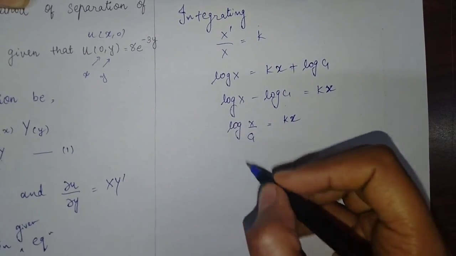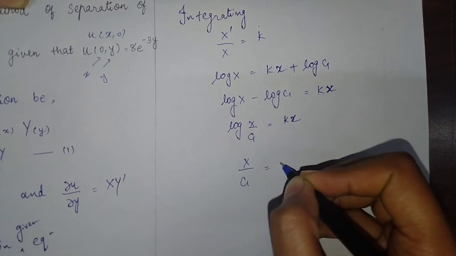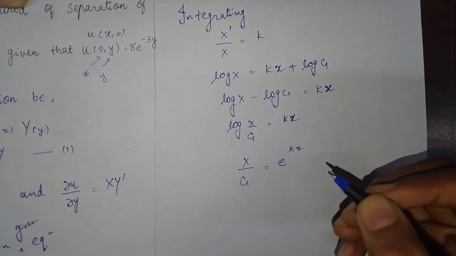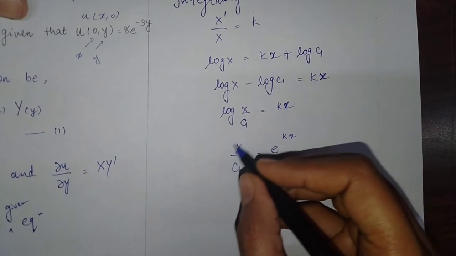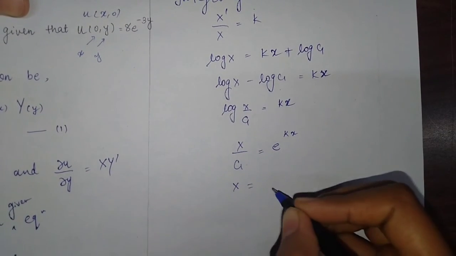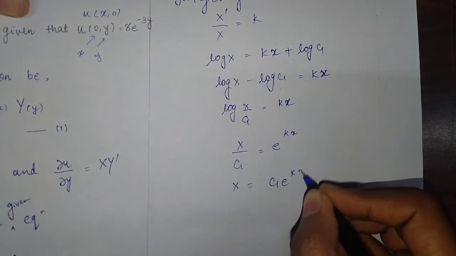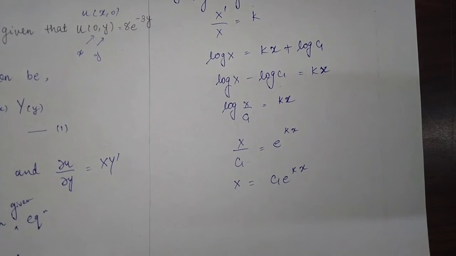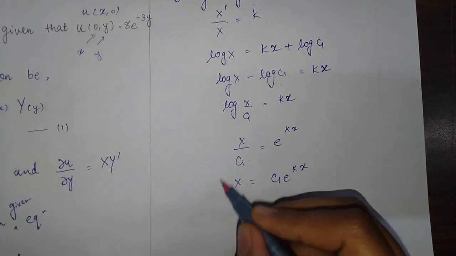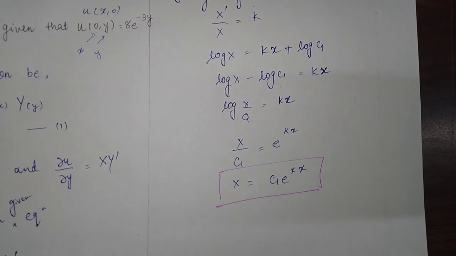But if I want to remove the log, then it will be X by c1 equal to e raised to kx. But I want only capital X, so it will be X equal to c1 into e raised to kx. So we got the value of capital X.